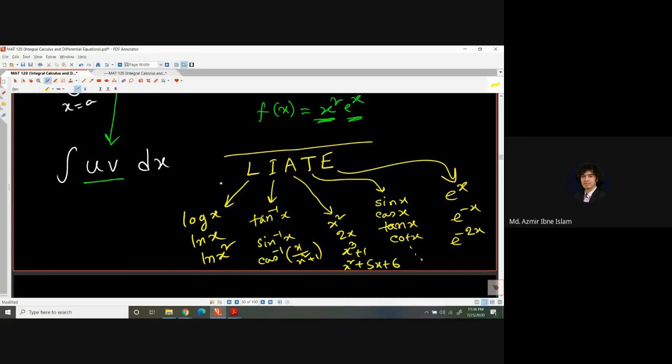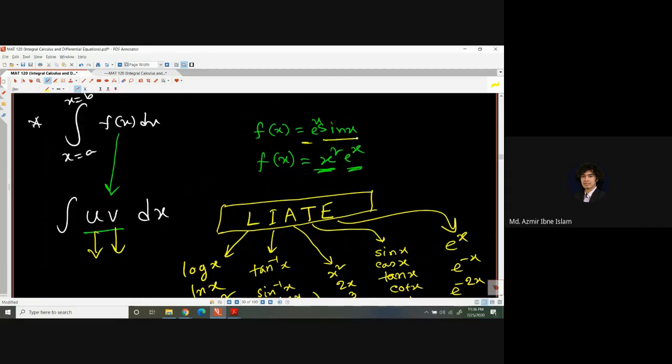So why do we have to use the LIATE method? This concept will suggest to us, out of u and v, which part should be taken as u. Suppose we have a function e to the power x sine x.